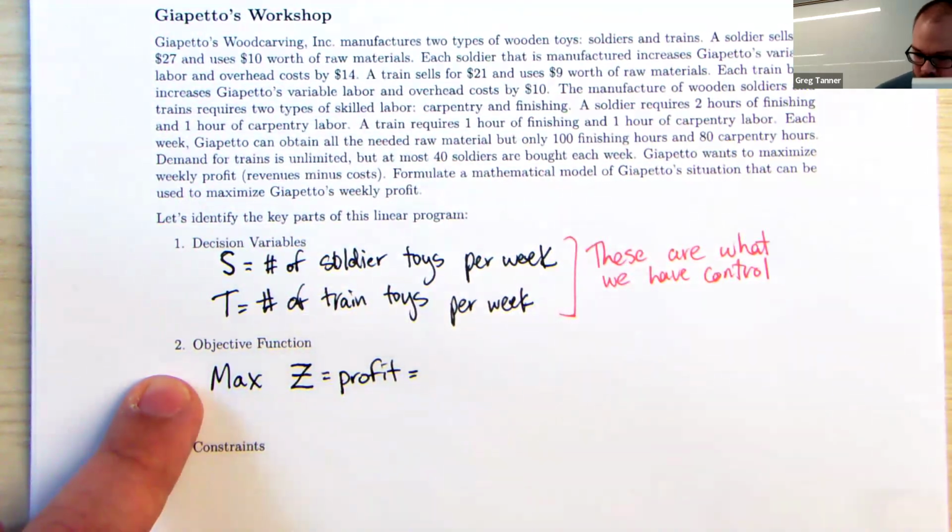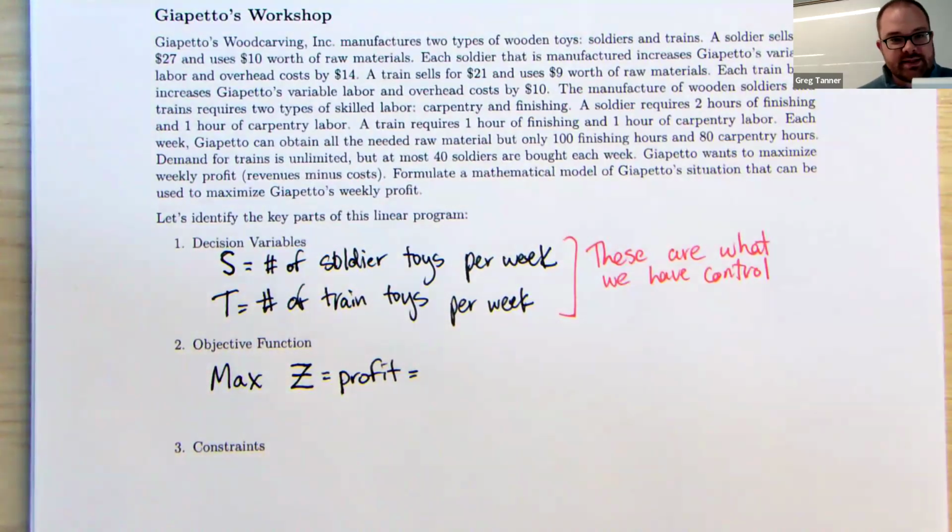And now we need to come up with what the weekly profit is in terms of the number of soldiers and trains that Geppetto makes. It's not going to be independent of those, so we'll use our variables as stand-ins for the number of soldiers and the number of trains.